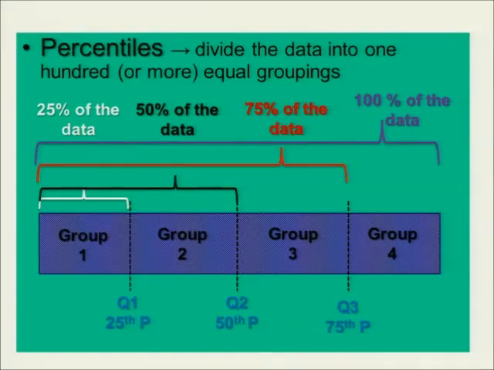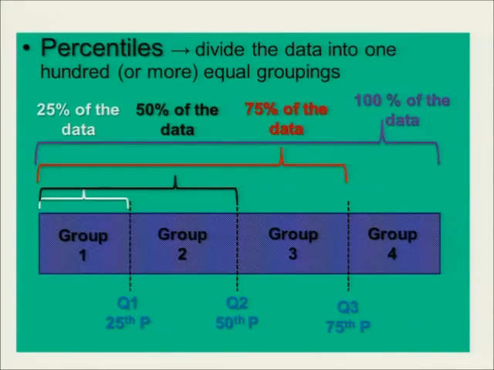Okay? And then the 75th percentile. If you have Q3, you already have the 75th percentile. Below the 75th percentile marker, I've marked with red, that is where you find 75% of the data.